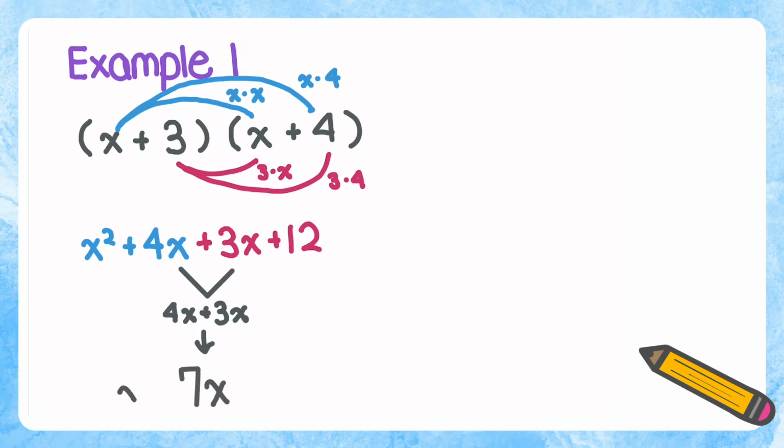And then everything else I'm just going to bring down. So x squared plus 7x plus 12. So I've multiplied the polynomials out to get x squared plus 7x plus 12. Go ahead and pause the video if you need some time to process this information.